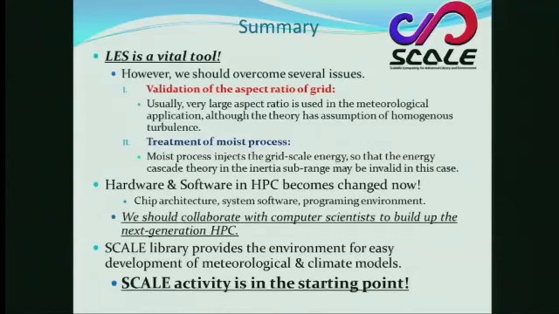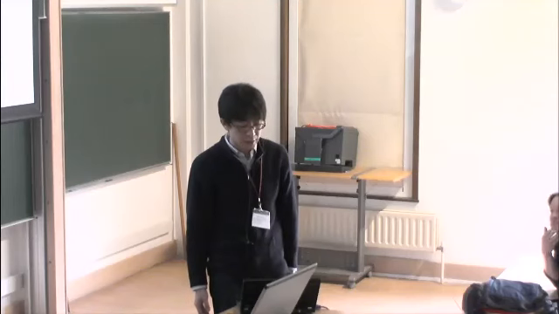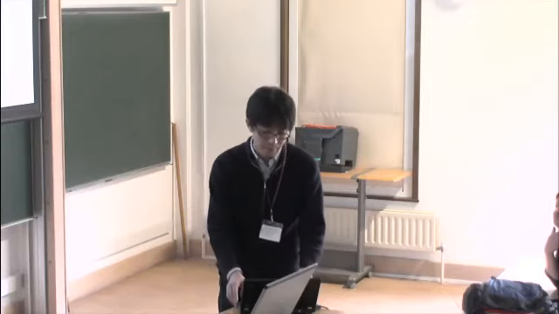So chip architecture, system software, and the program environment will change. So we should collaborate with computer scientists to build the next generation HPC. And the SCALE library provides an environment for easy development of meteorological and climate models. And now SCALE activity is at the starting point. Okay. Thank you very much.